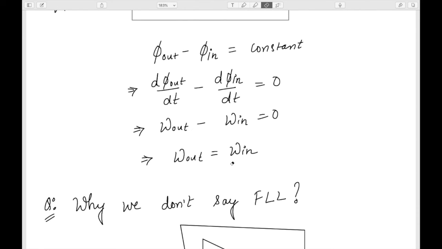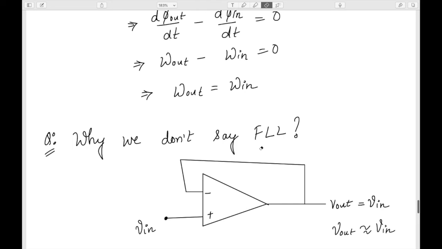So that's why this concept of phase locking is used instead of frequency locking. This is very important to understand, and this question of why it's not called FLL and why it's called PLL is a very basic, common question that arises.